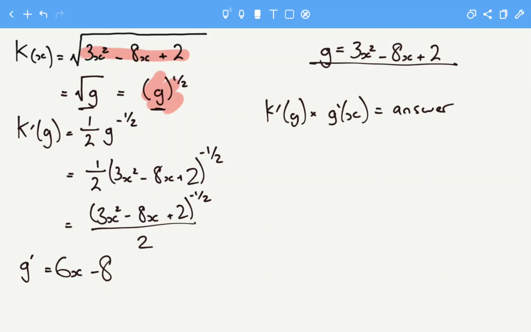So we know the differentiation of k with respect to g is this, which is the same as that.